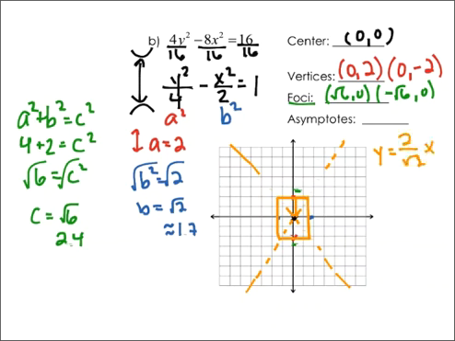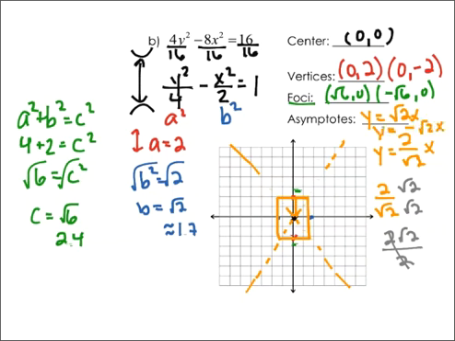We can't really keep it as 2 over radical 2 because we don't want a radical in the denominator, so multiply top and bottom, so you get 2 radical 2 over 2. Those cancel out. So the slope is just radical 2. So y equals radical 2 x, and y equals negative radical 2 x. I'm running out of room.